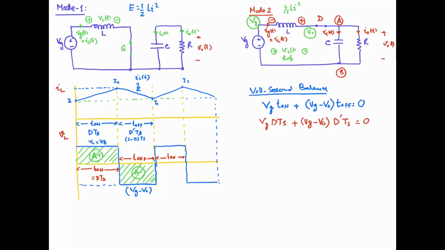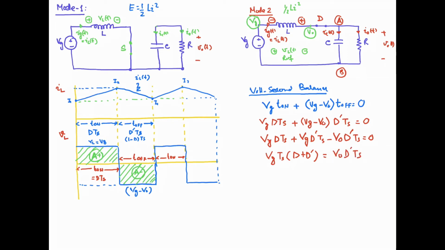So we can write this equation like this, and now we can simplify it. Vg Ts plus Vg into D prime into Ts minus V naught into D prime into Ts will be equal to 0. From here, if I look at this part, Vg into Ts, this can be written as D plus D prime, which will be equal to V naught into D prime into Ts.